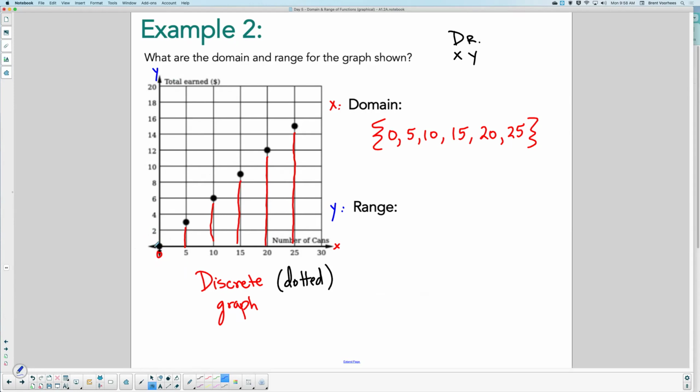What's this lowest point right here? 0. So we start with 0. The next lowest point is right here. What is in between 2 and 4? 3. Good. Then I have this point. 6. The next one's an in-between value again.